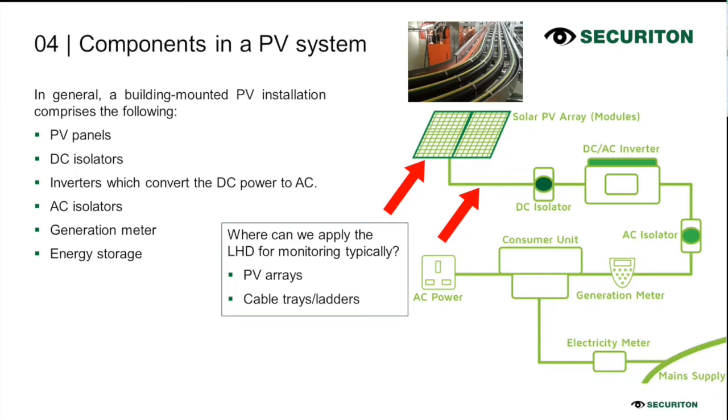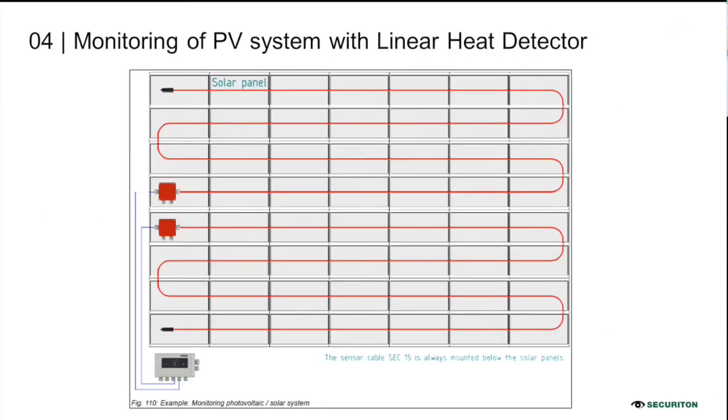How do we do the installation? Here is a sample of how the installation can be carried out. The cables, as you can see, are our SEC15 cables, and we have two zone systems. We can divide it into a few sections and run along the arrays of the solar panels. As you can see, the sensor cable shall always be mounted below the solar panel.